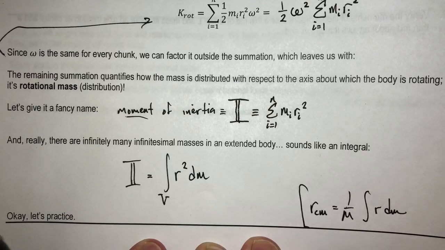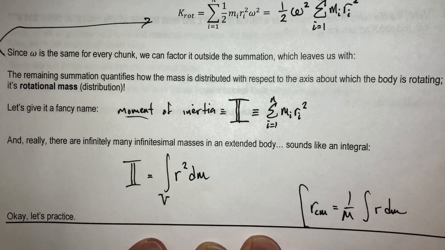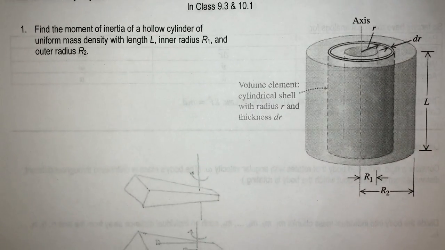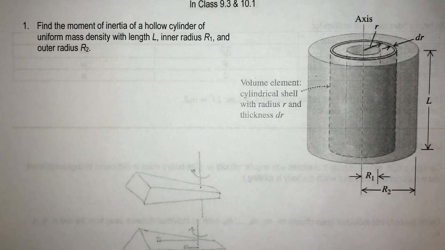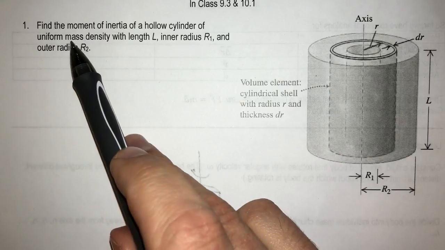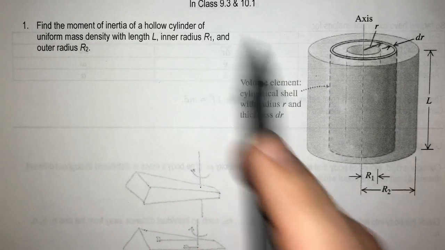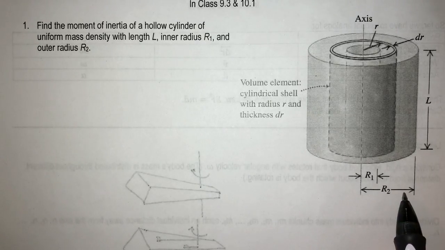Okay, so let's try one or two. I'll move on to the next page. Okay, so find the moment of inertia of a hollow cylinder of uniform mass density with length L, inner radius R1, and outer radius R2.